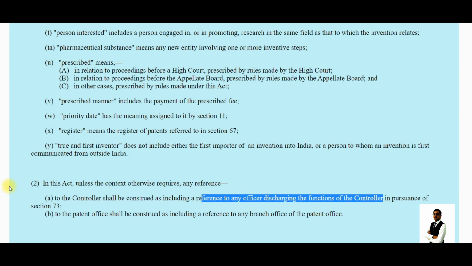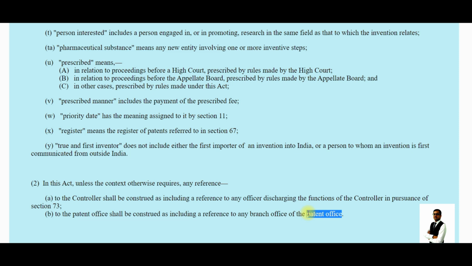And the patent office shall be construed as including reference to any branch office of the patent office. So when you say patent office, you can see the main patent office in Mumbai, okay, but other branch offices are also called as patent office.